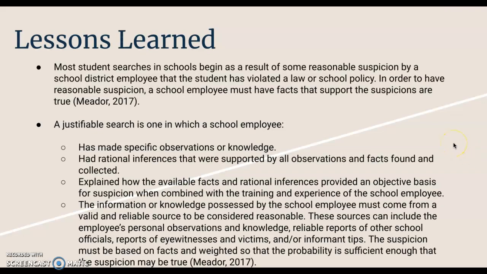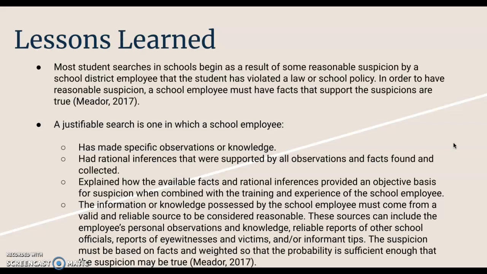Most student searches in schools begin as a result of some reasonable suspicion by a school district employee that the student has violated a law or school policy. In order to have reasonable suspicion, a school employee must have facts that support that the suspicions are true.